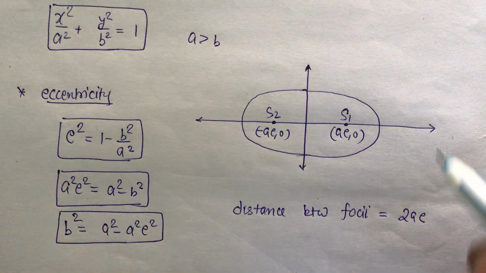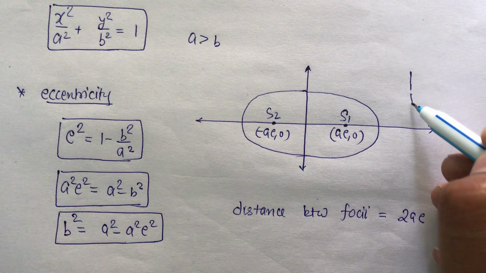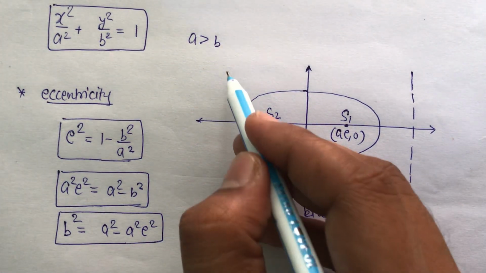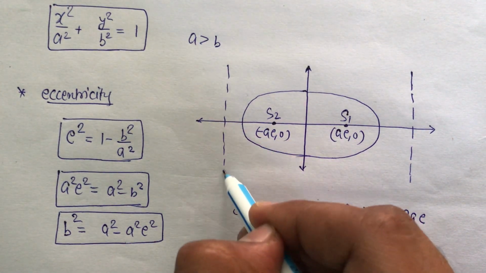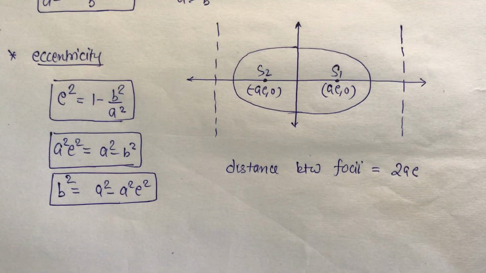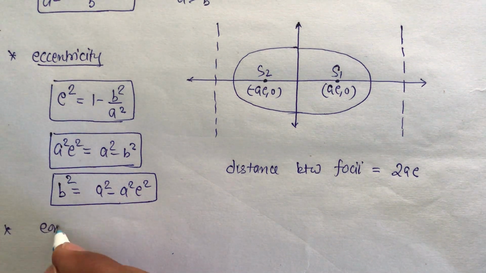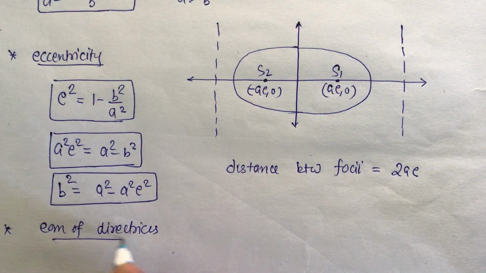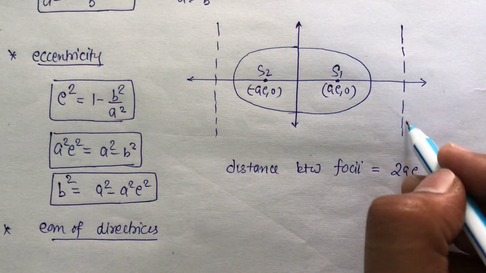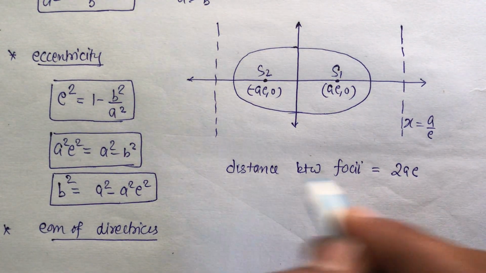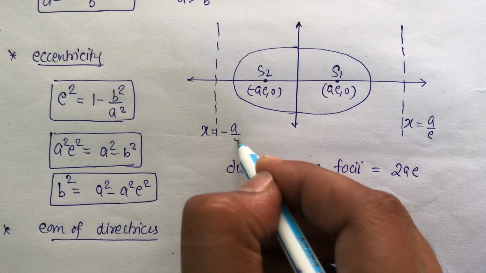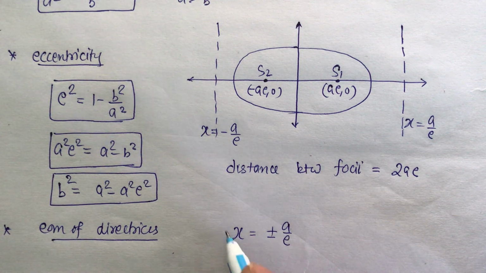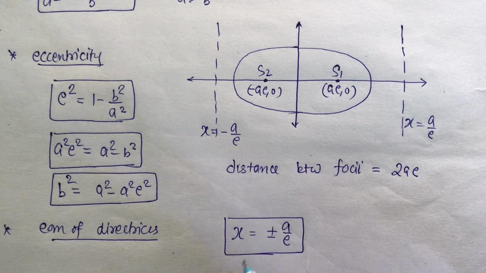If we talk about the directrices of the ellipse, one directrix is on this side and the other directrix is on this side. The equations of the directrices are x equals a by e and x equals minus a by e, or you can say x is equal to plus minus a by e together.